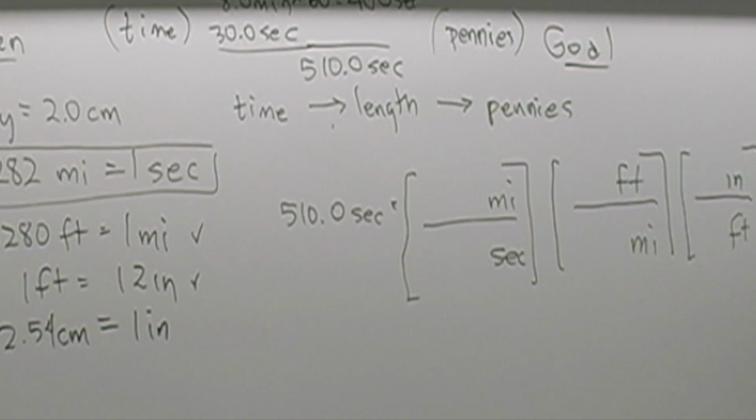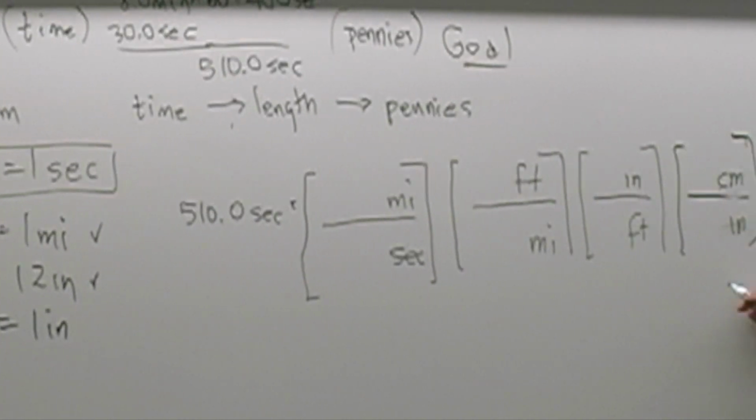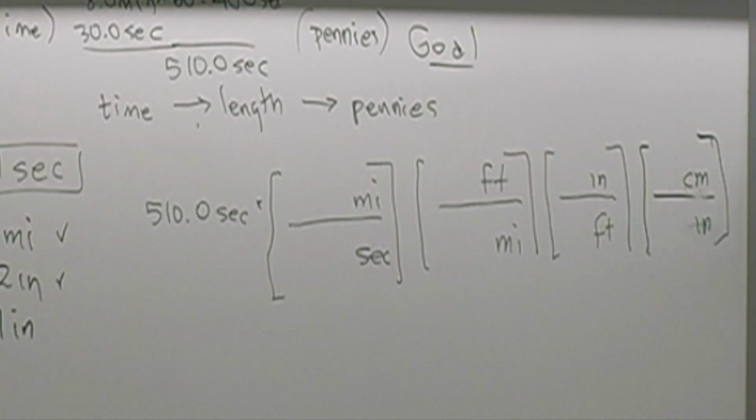Inches needs to be in the bottom, centimeters on top. And then I'm going to multiply that out. What's in the bottom? Centimeters. And what's on top? Pennies. And that's my answer. All I do is put in the numbers, and I should get my answer.